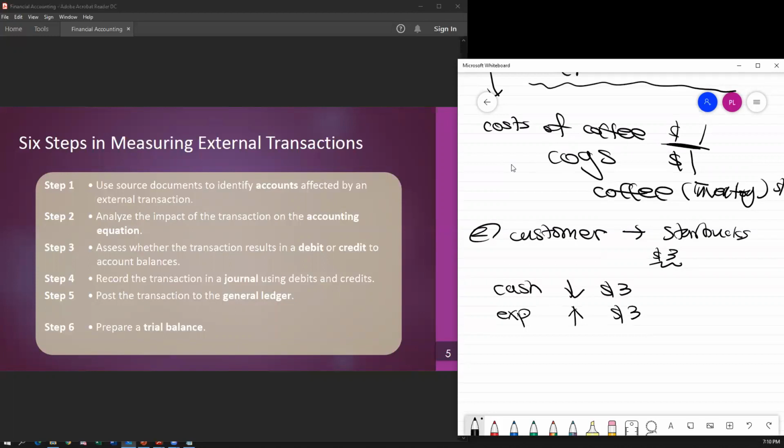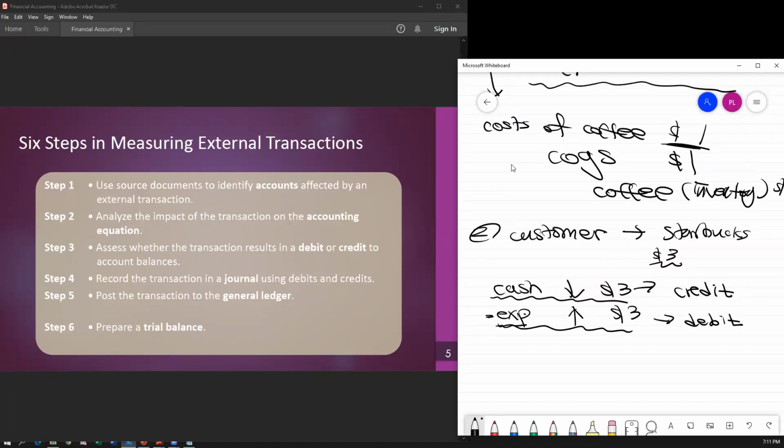Cash is an asset item. When assets decrease, we credit cash. When we have an increase in expenses, that's very confusing. Expenses fall under shareholders' equity, but since expenses are a negative item, we debit expenses.